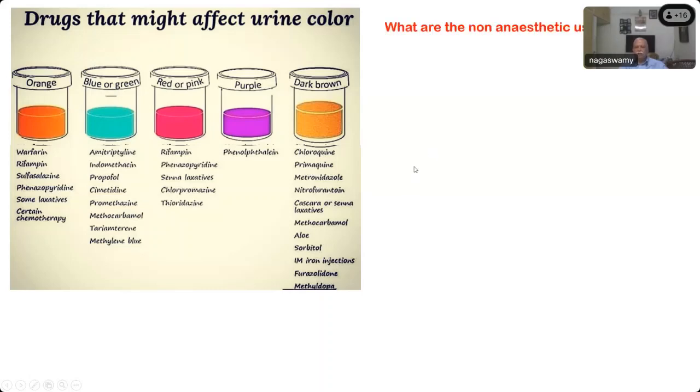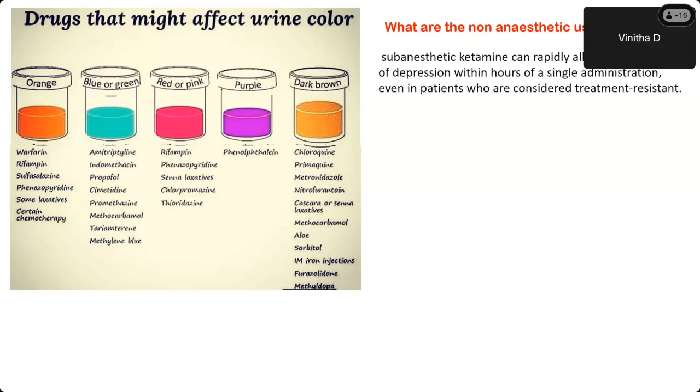What are the non-anesthetic uses of ketamine? Ketamine is used as an opioid substitute or in opioid-induced hyperalgesia. Very good. In restless leg syndrome. Analgesic in spine surgery. Antidepressant, sir. Yes, this is the latest one.